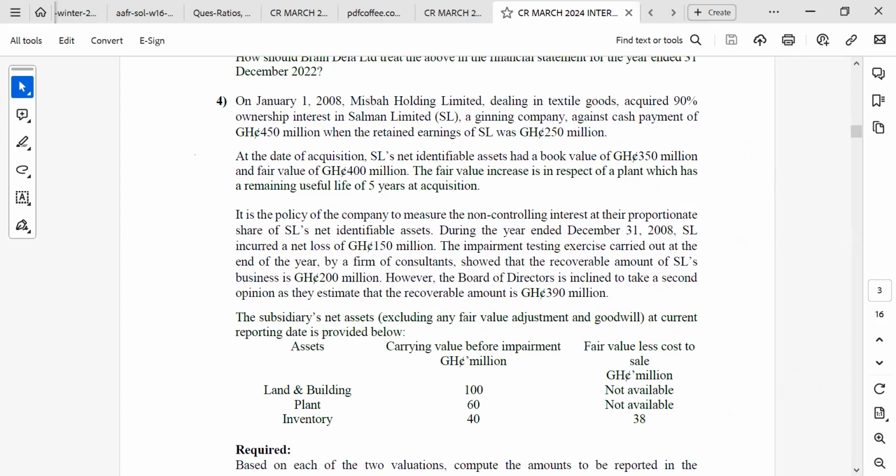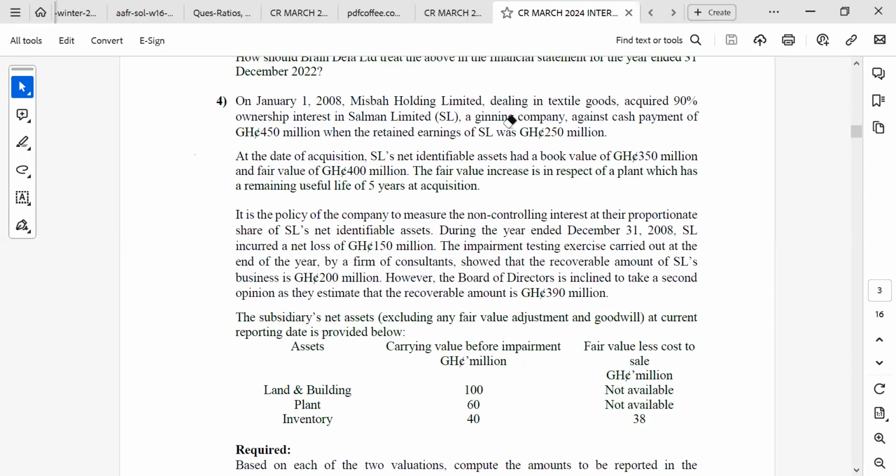Let's look at it. On January 1, 2008, Esba Holding Limited, dealing in textile goods, acquired 90% ownership interest in Sama Limited, SL, a gaming company, against cash payment of 450 million when the retained earnings of SL was 250 million.